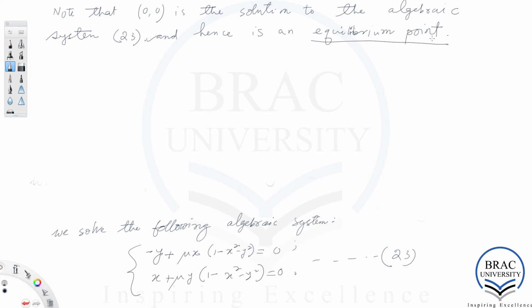So this is how we see that (0, 0) is an equilibrium point of the system.